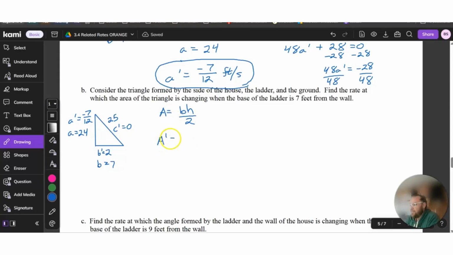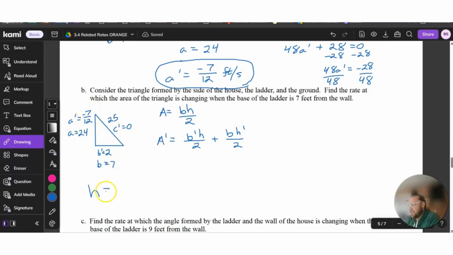So A prime is equal to, what's the derivative of B? Because this is a product rule. So B prime times the second function H over 2, plus the first function times the derivative of the second function over 2. Can I now just plug in everything? In my particular case here, what is H in our little diagram? 24.